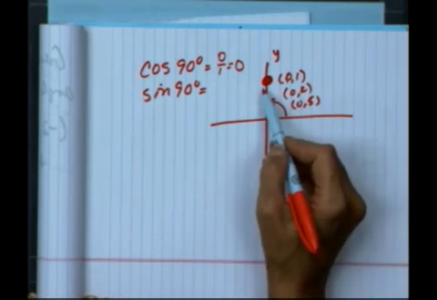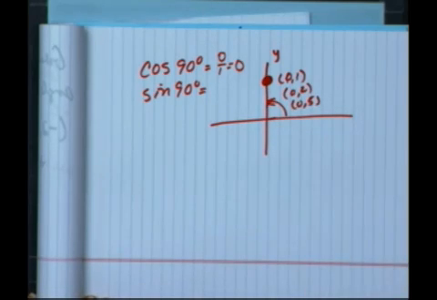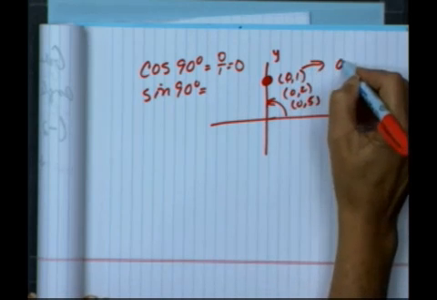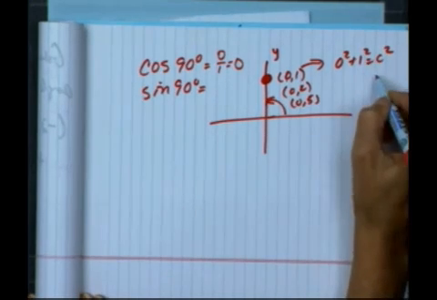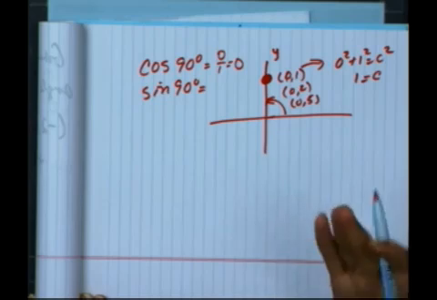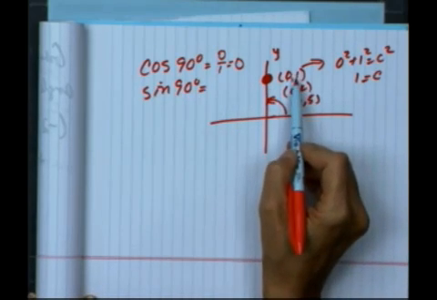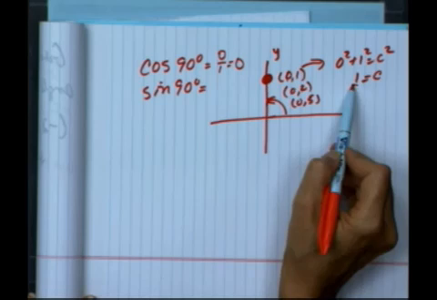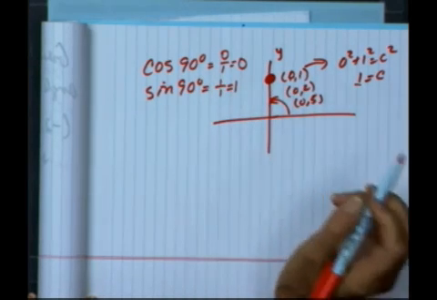How about sine of 90? Sine is the opposite. You're thinking of y value. And of course, if you did the Pythagorean theorem, 0 squared plus 1 squared equals c squared. If you're trying to think in terms of hypotenuse, c is going to be 1. So if you're thinking in terms of sine of 90, the y value would be 1 over hypotenuse of 1. So the sine of 90 degrees is 1 over 1 or 1.